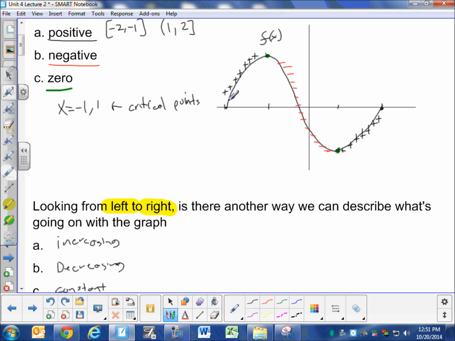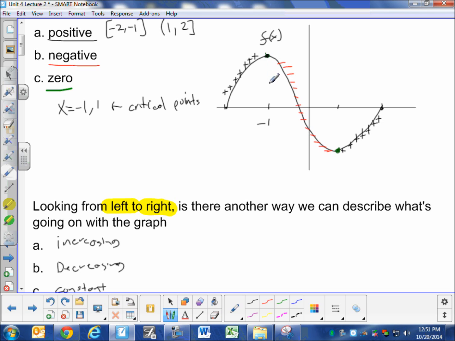Well, knowing that at this critical point at -1, to the left my tangent slopes are positive and my function is increasing, and to the right of this point at -1 my tangent slopes are negative, that's telling me my function is going increasing then decreasing.